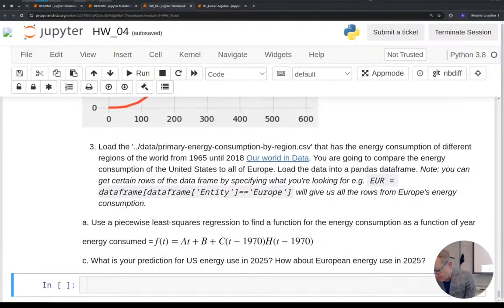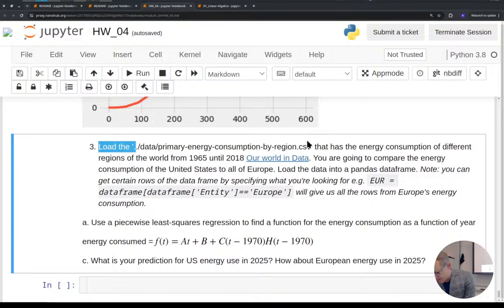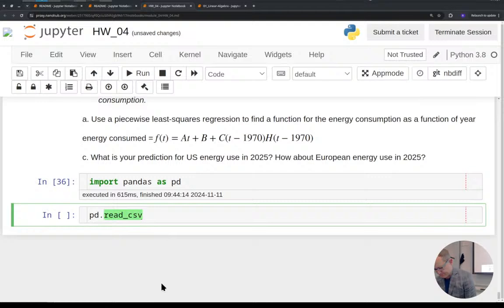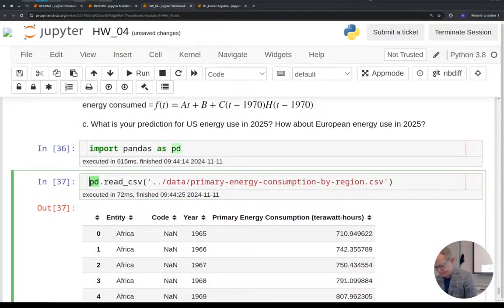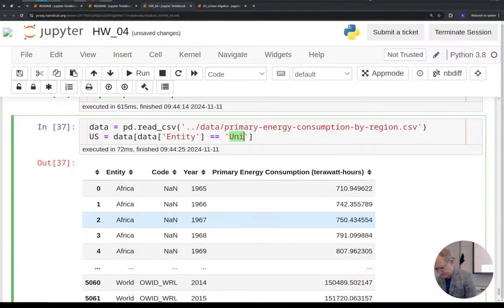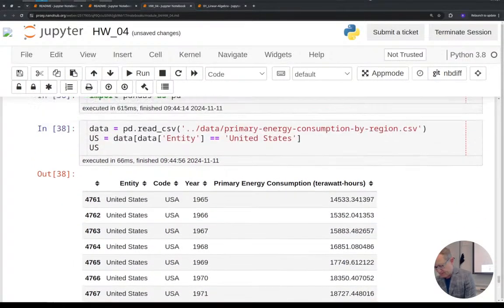And we can try that out. So we've got our NG by region again. Do I have pandas yet?